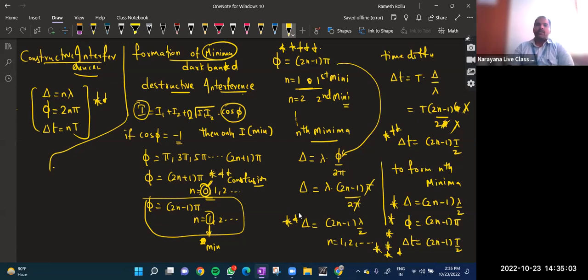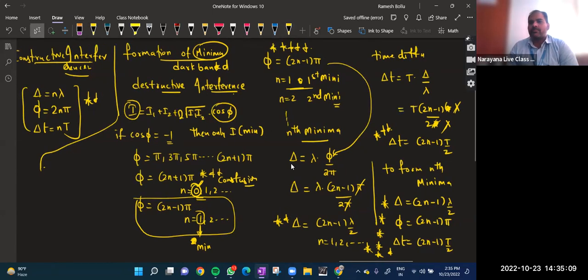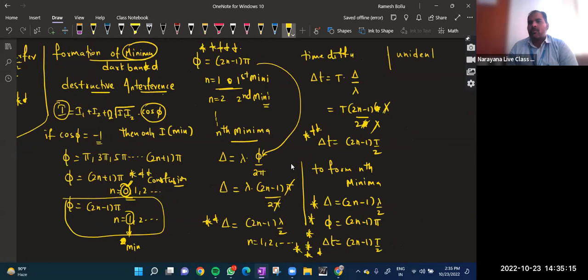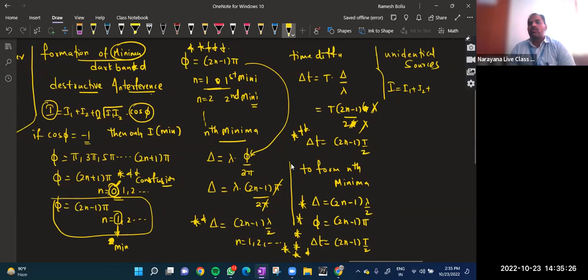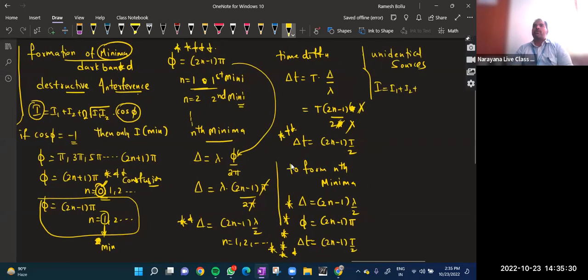Okay. Then what is the intensity of this dark band when you are using unidentical sources? What is the formula for minimum intensity? Tell the full formula: I1 plus I2 plus 2 under root of I1 I2 into minus 1, cosine phi value.